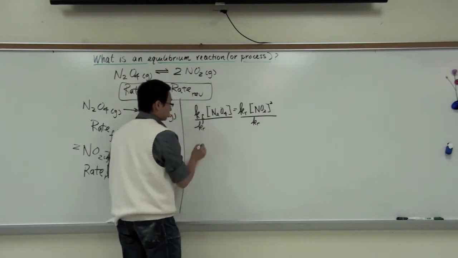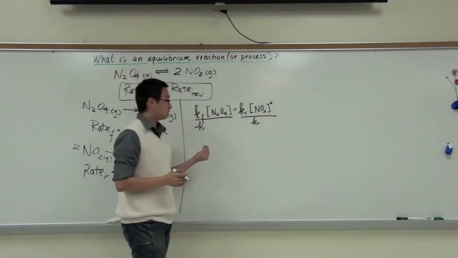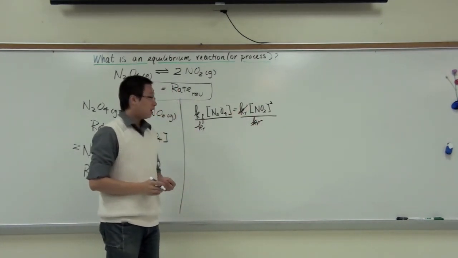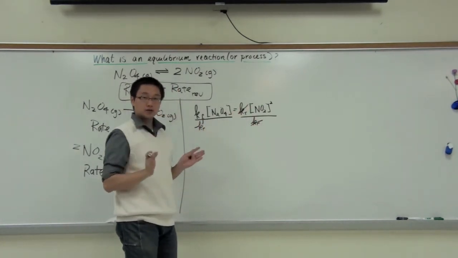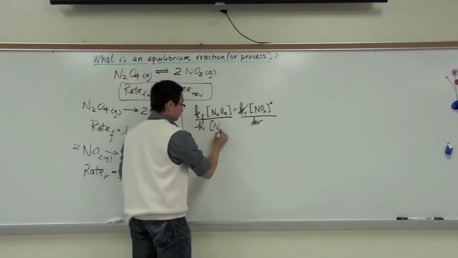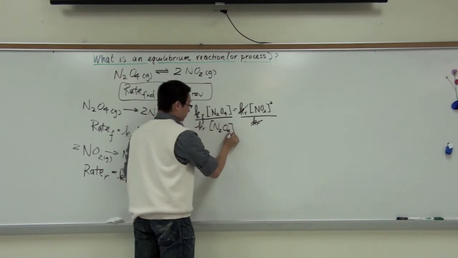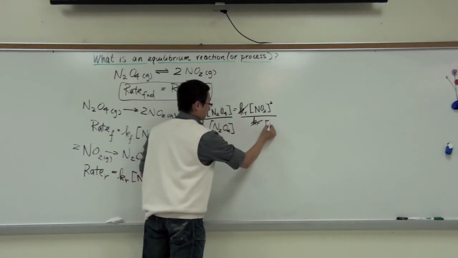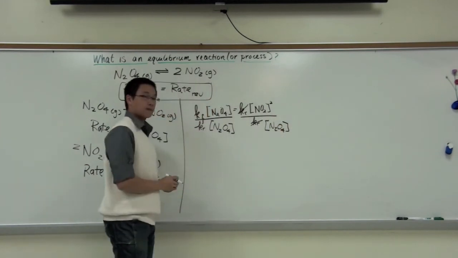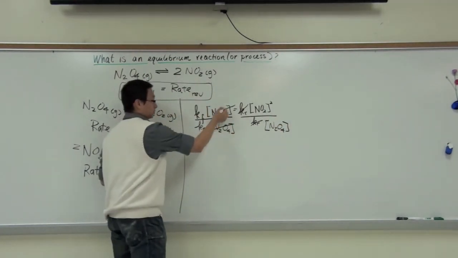Put all the reaction constants on one side. So we cancel out the Kr, and then we are going to put all the concentrations on the other side. Okay, so these two cancel out.